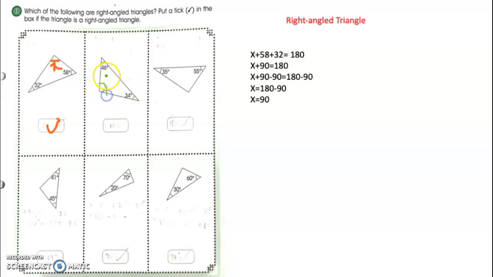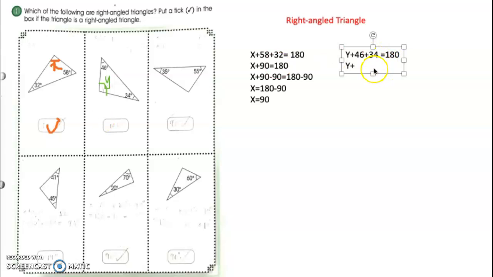Let's say this one is y. So I will say that y plus 46 plus 34 is equal to 180. 46 plus 34, right?